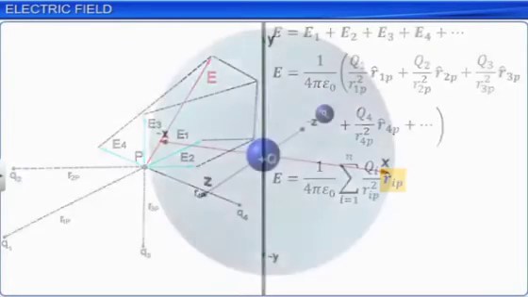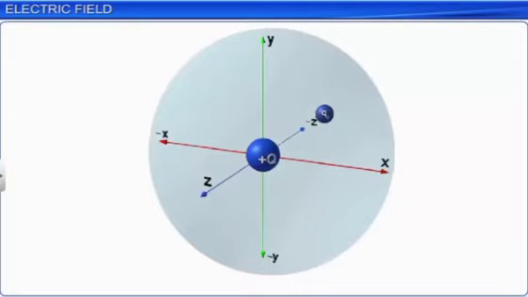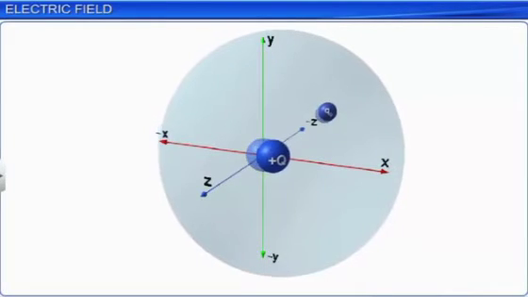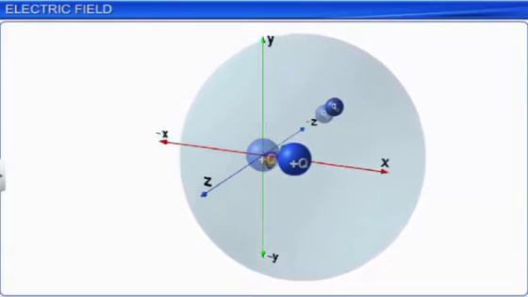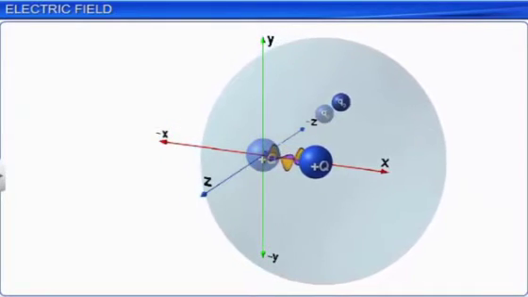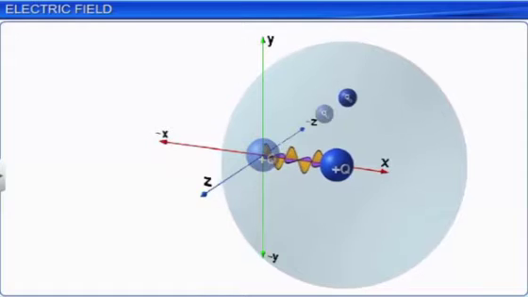Consider a situation where charge Q is accelerating. Then, it produces electromagnetic waves, which propagate at the speed of light.